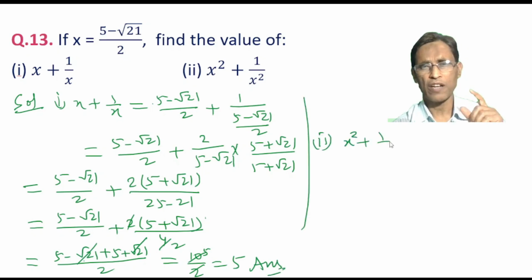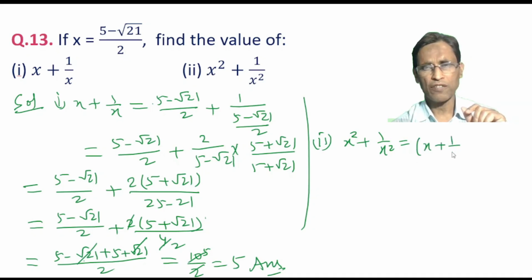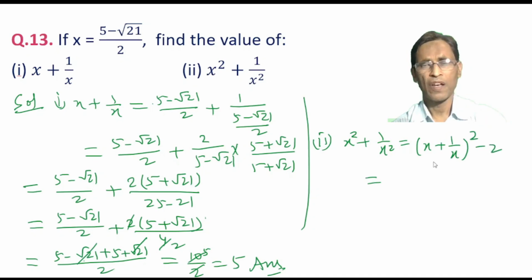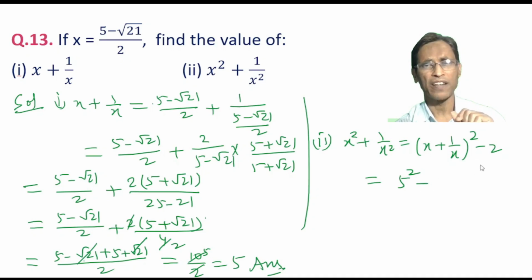X square plus 1 by x square can be written, by using the algebraic identity, as x plus 1 by x the whole square minus 2, and the value of x plus 1 by x has already been found here as 5, so it will be replaced by 5. So it is 5 square minus 2.